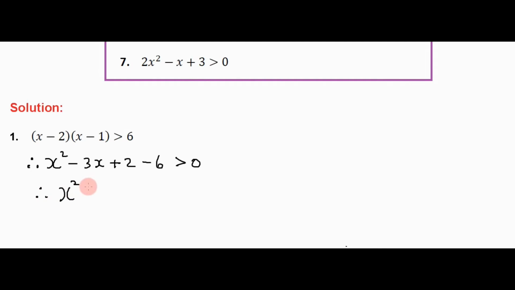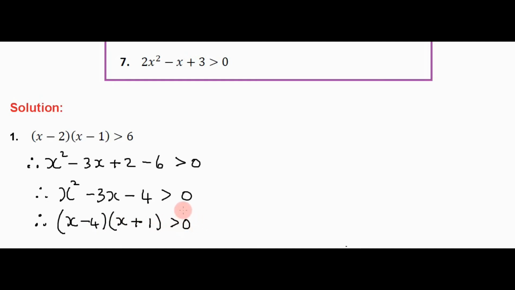So it's x squared minus 3x, 2 minus 6 is minus 4. Now that we have the left-hand side in standard quadratic form as a trinomial, we can factorize. And it's going to be (x minus 4) times (x plus 1). This is strictly greater than 0.